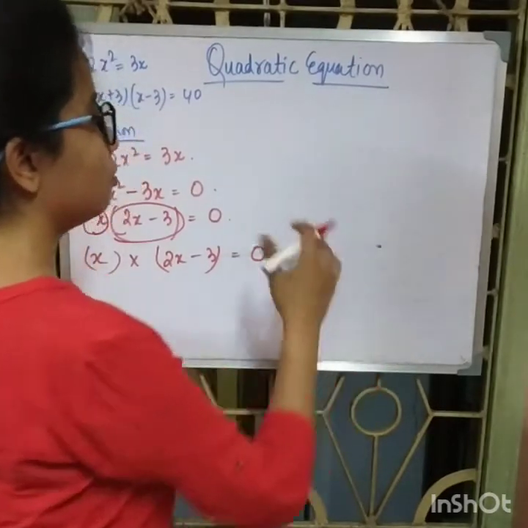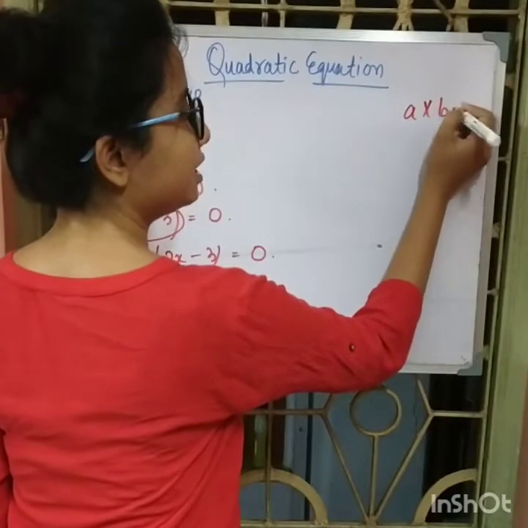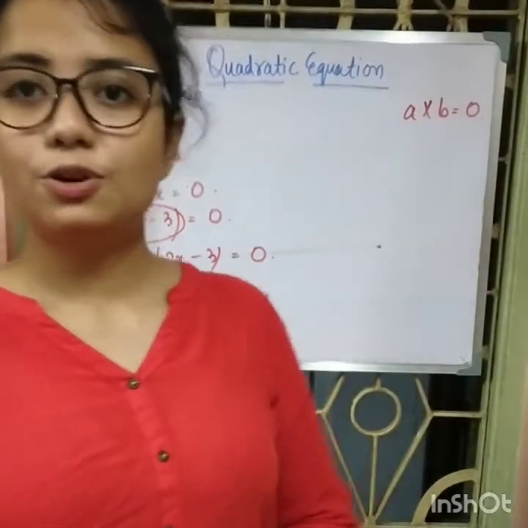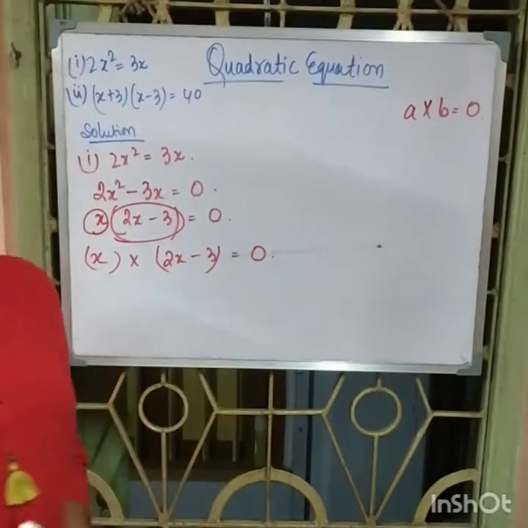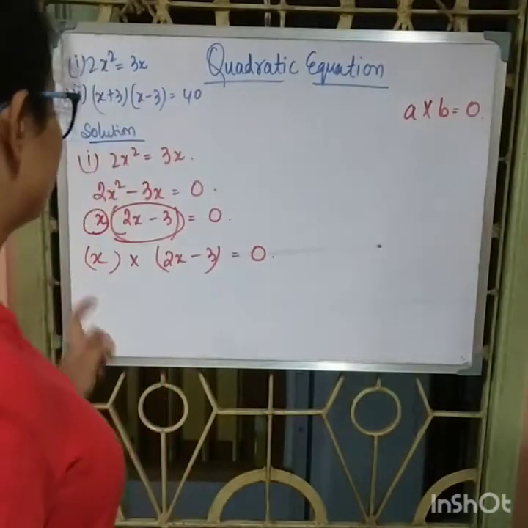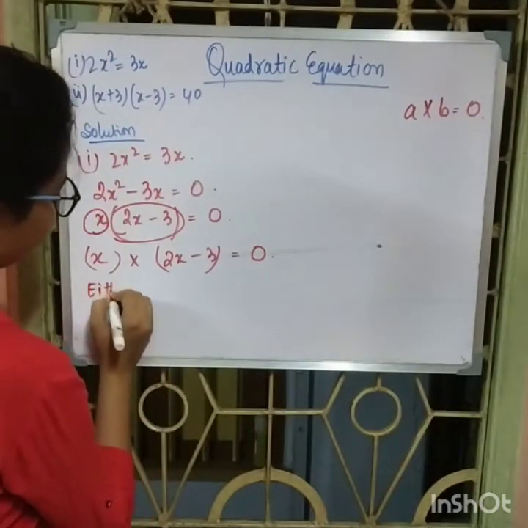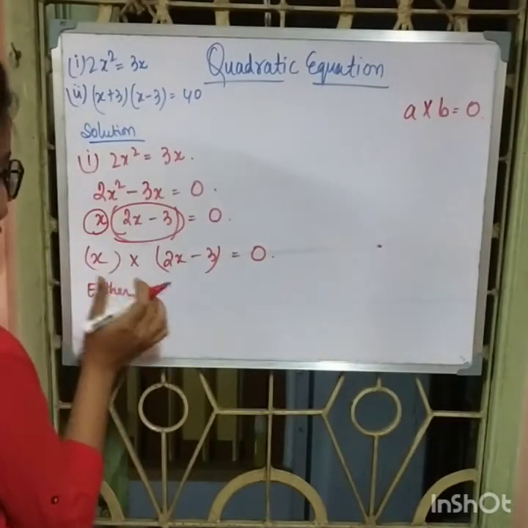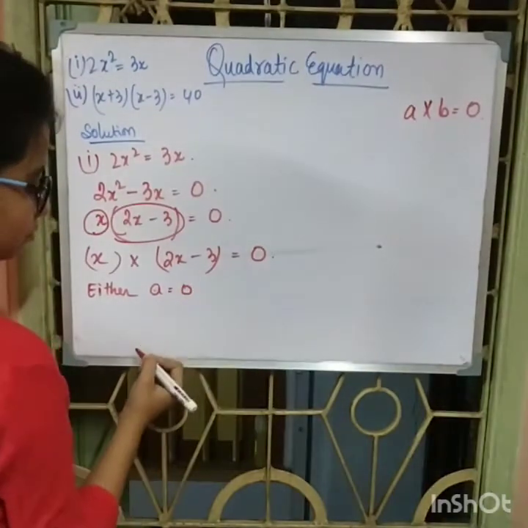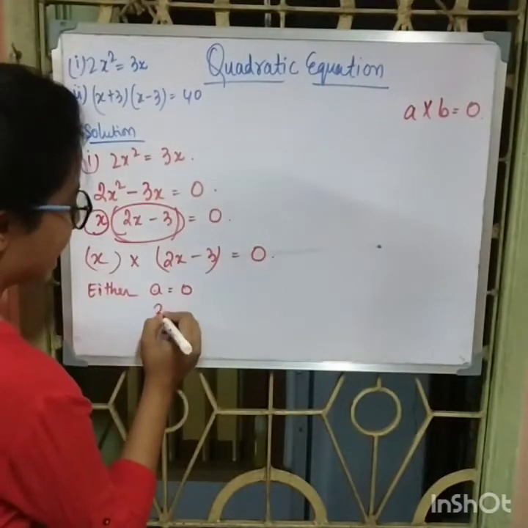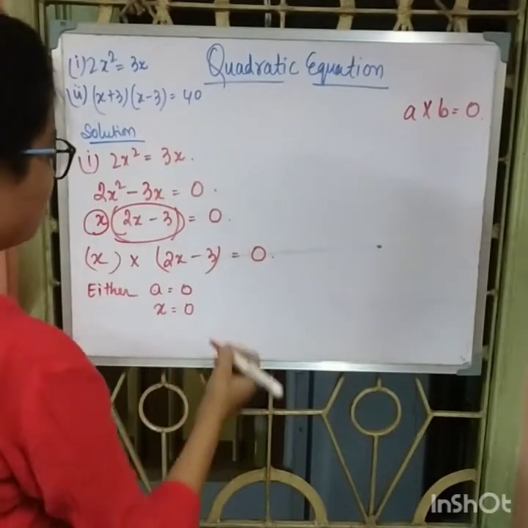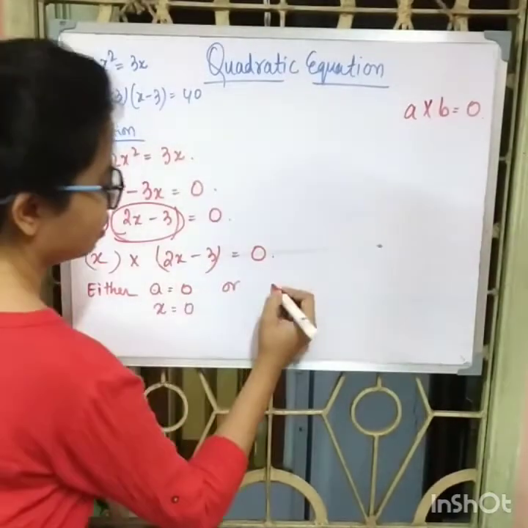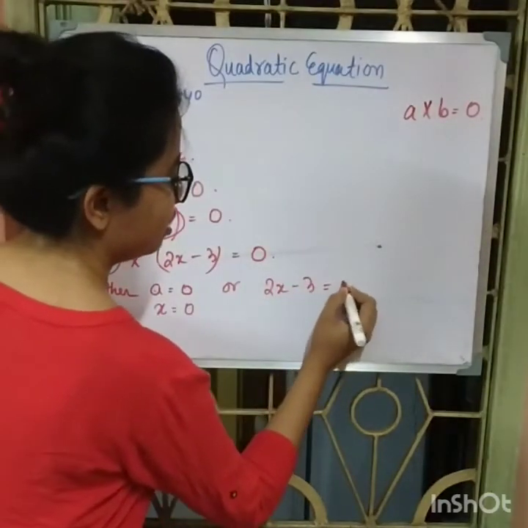So what we know is if two numbers are multiplied and the answer is 0, then two possibilities are there, that either one of them is 0 or both of them are 0. So we write these possibilities: if we consider this as a, either a is equal to 0. What is a here? x is equal to 0, or this is another number, if we consider this as b, 2x minus 3 is equal to 0.